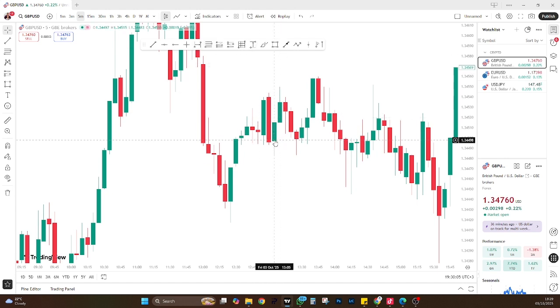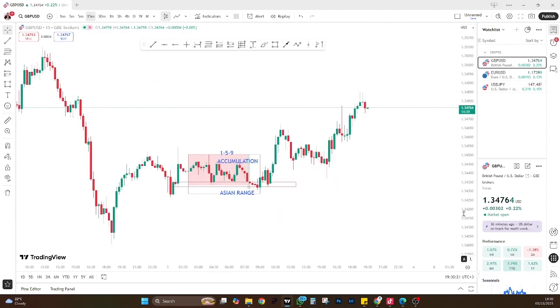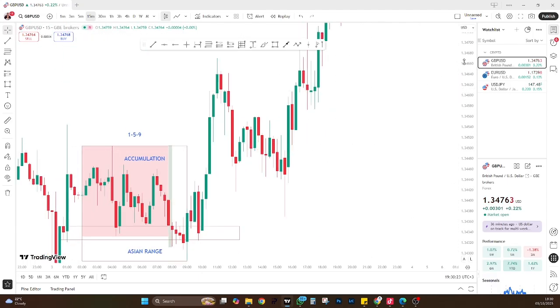This is the 1 p.m. candle. And if it's good for you, use the 15 minutes so that you will not be confused.